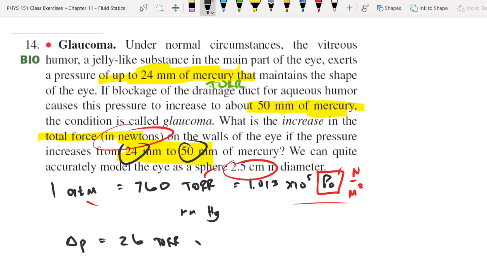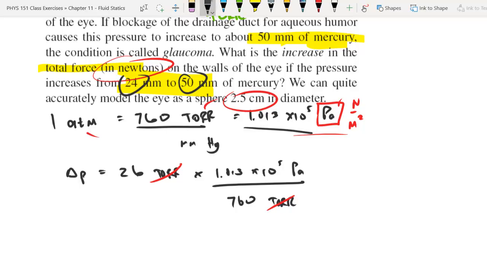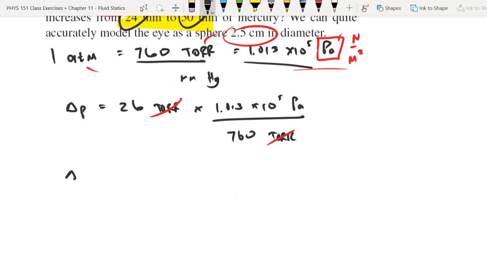I'll multiply this by 1.013 times 10 to the fifth pascals divided by 760 torr, since there's 760 torr in 101,300 pascals. The torr cancel, and we have pascals. So the increase in pressure comes out to about 3,465 and a half pascals, okay?